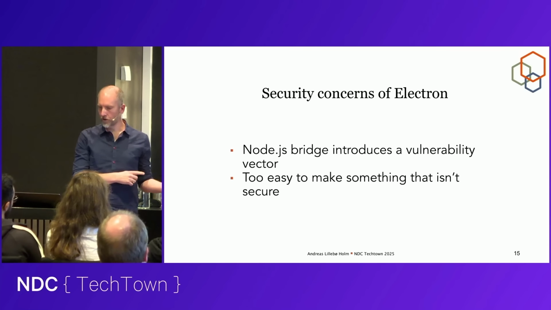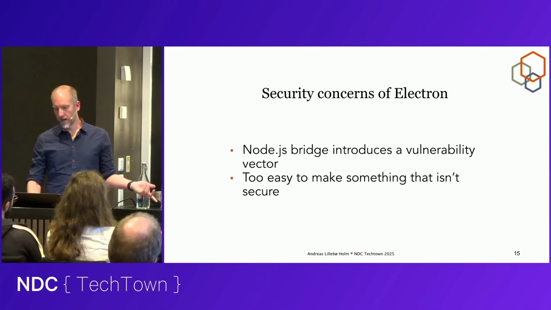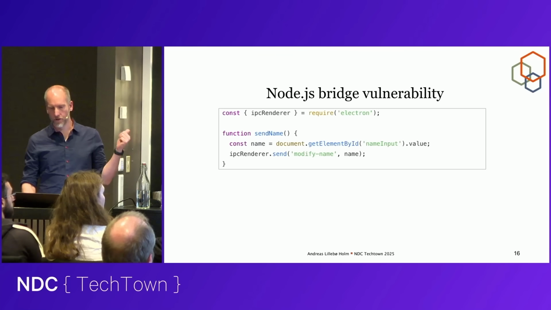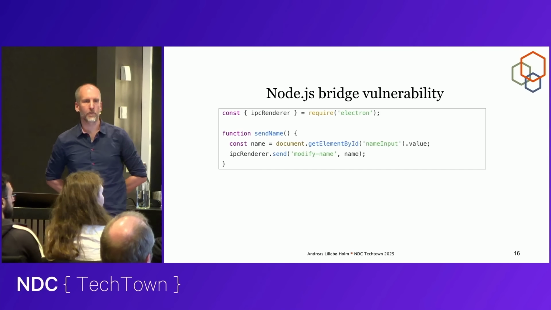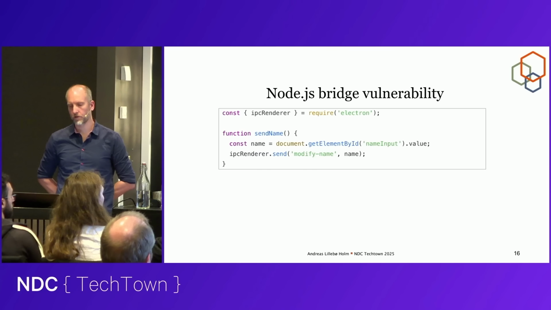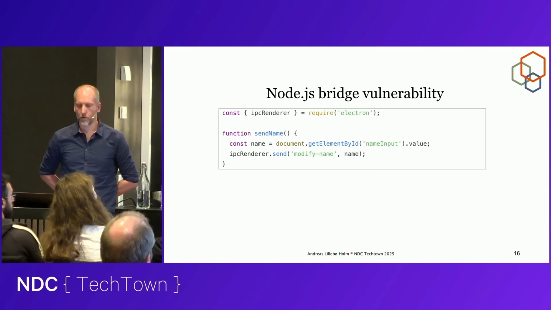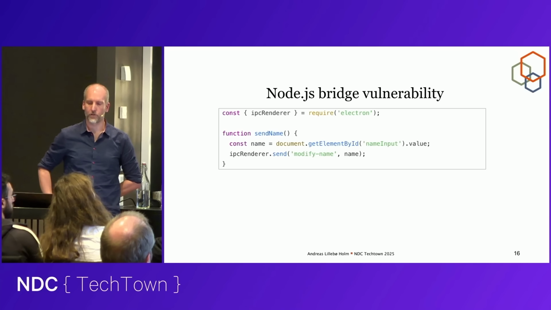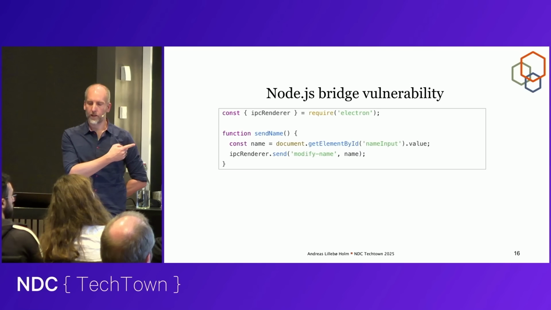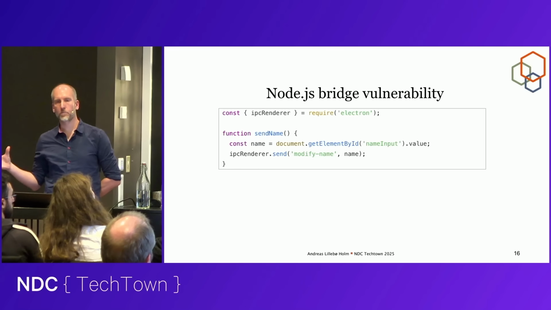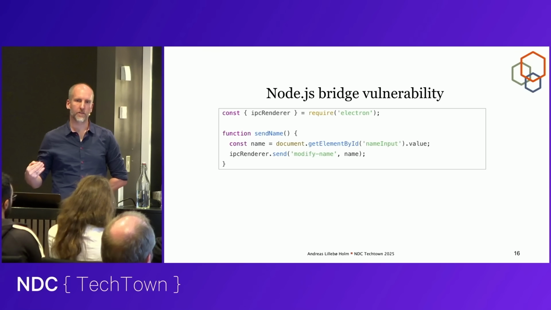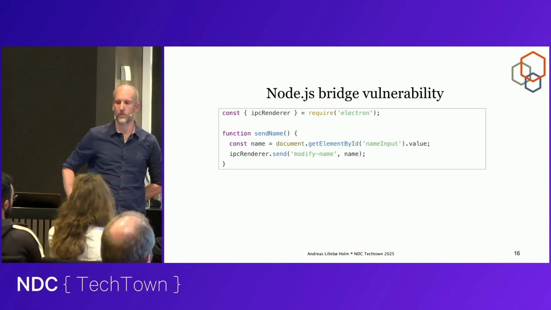I will give you some examples of what I mean by this. This is a very simple example. This is the front end of the Electron app using TypeScript. This is one way of sending data. You call require Electron and you get the IPC renderer. This is the front end part, where you can send data back to the back end of the application.